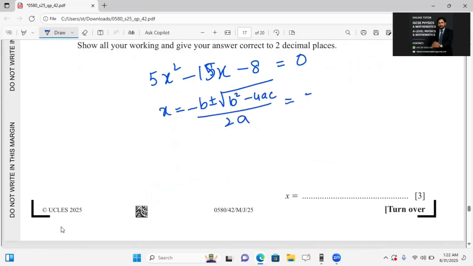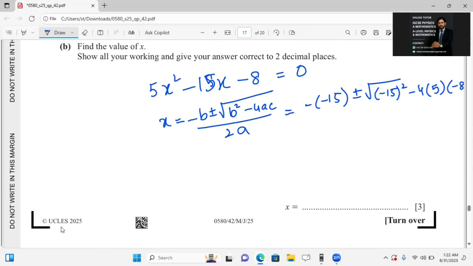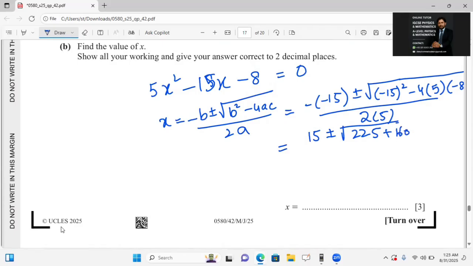So it will be minus of minus 15, plus or minus the square root of minus 15 square minus 4 into a is 5 and c is minus 8, over 2 into 5. So it is 15 plus or minus the square root of 225 plus 160 over 10.